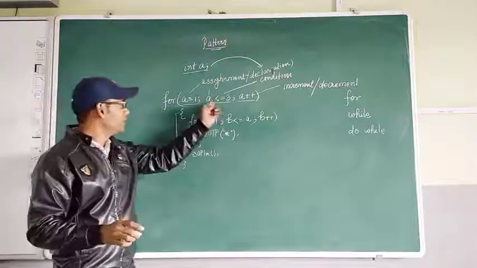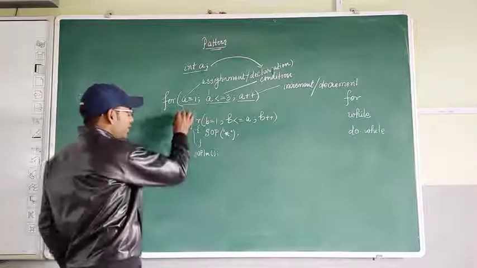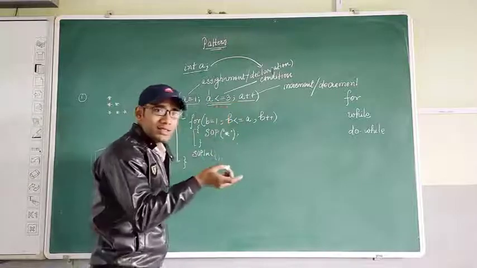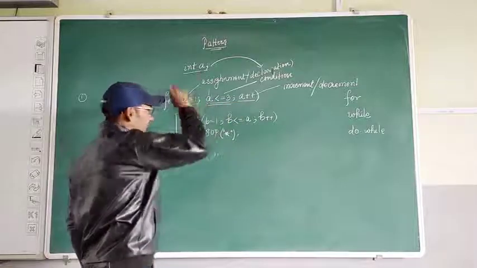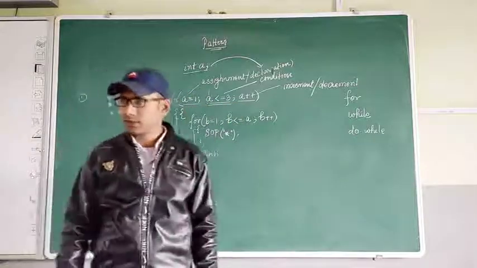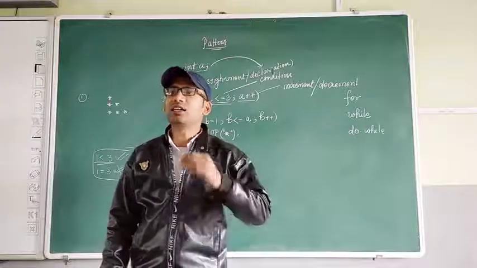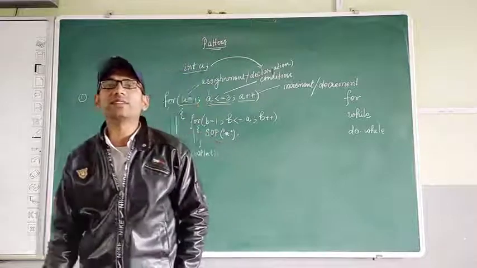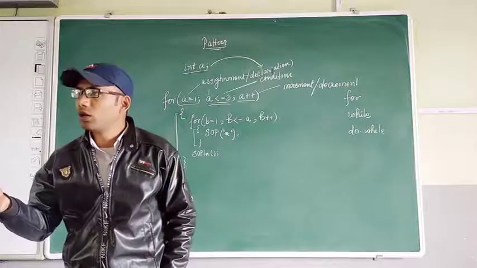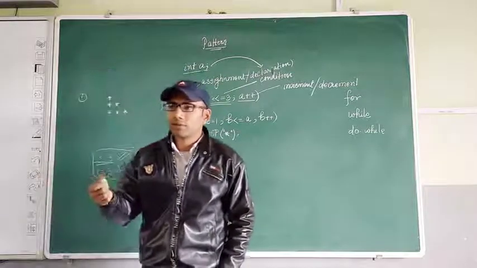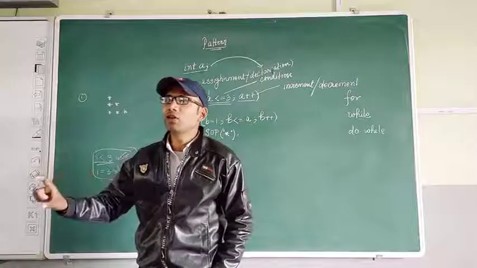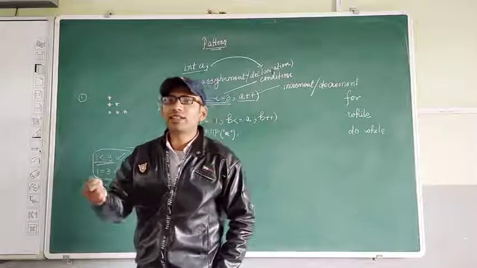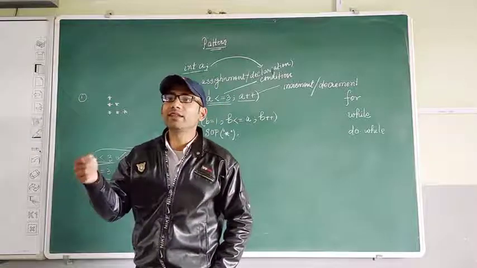So we will proceed inside. This is the boundary limit. If the condition satisfies, then the compiler will get inside. Understood? Just assume that you want to get inside a hall room, a cinema hall. Outside the cinema hall, just outside the gate, a ticket collector is collecting the ticket.